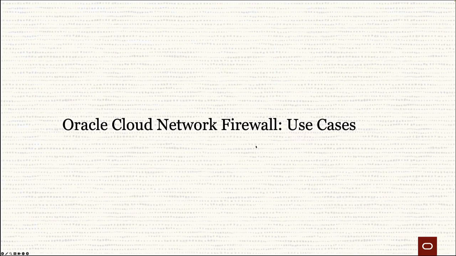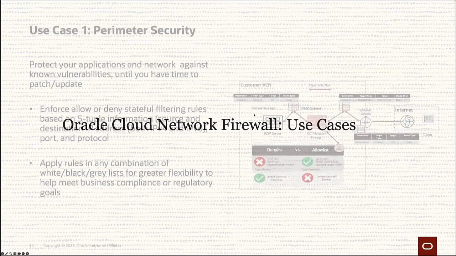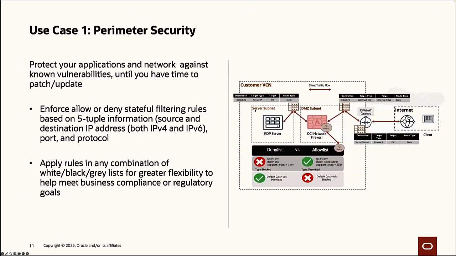Okay, let's move to the use cases. The first use case is perimeter security, where you can protect your application and networks against vulnerabilities and against attackers until you have time to patch and update. This means that you will enforce allow or deny rules based on the 5-tuples to filter the traffic.